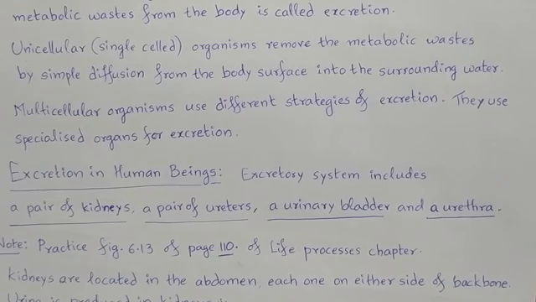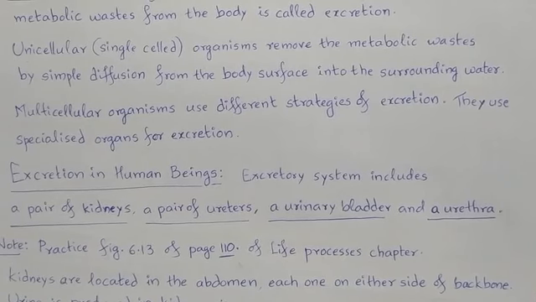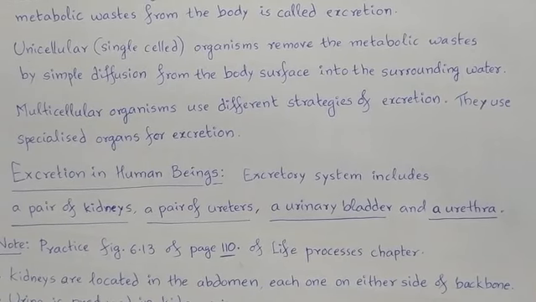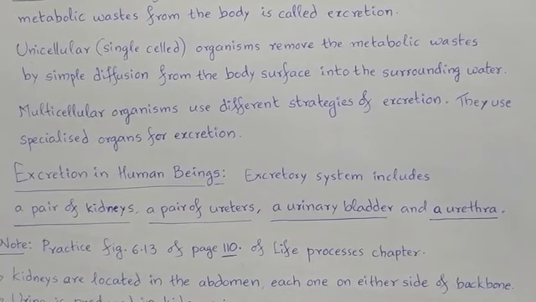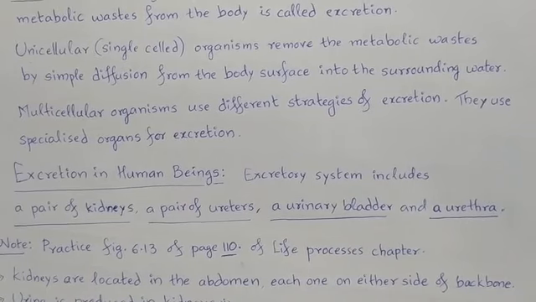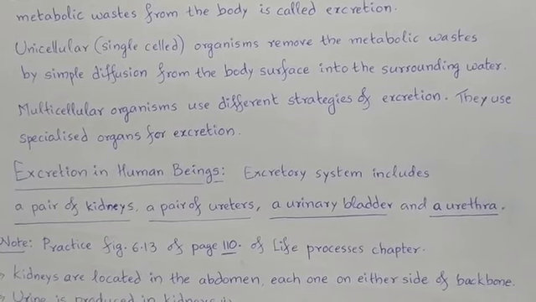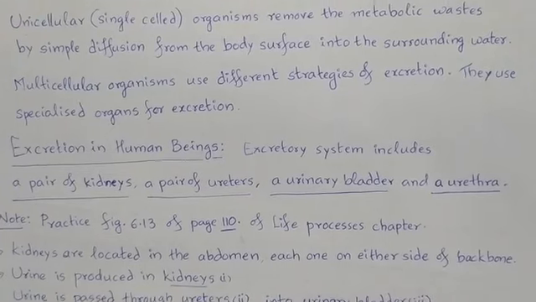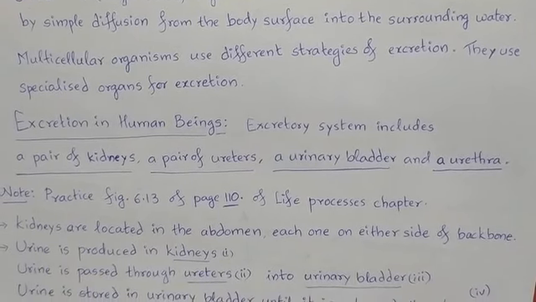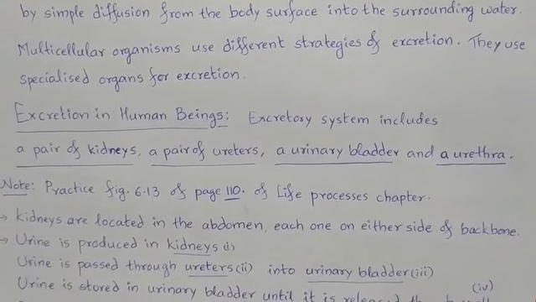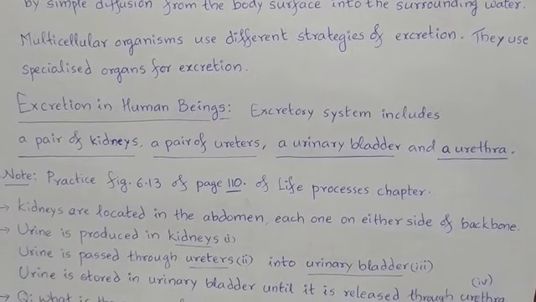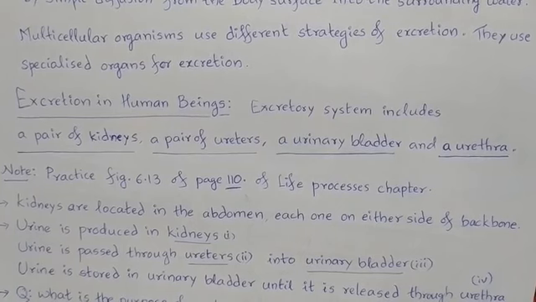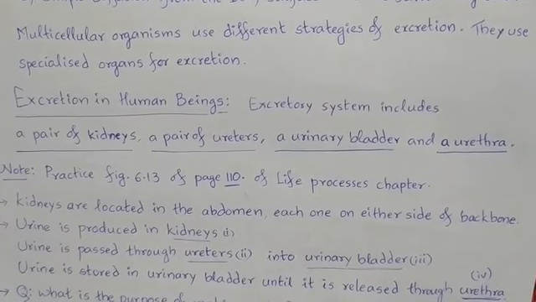In multicellular organisms, different strategies are used by these organisms. They use complex specialized organs or organ systems for excretion. So human beings also are multicellular complex organisms. In human beings, excretion is carried out by a special organ system called excretory system.